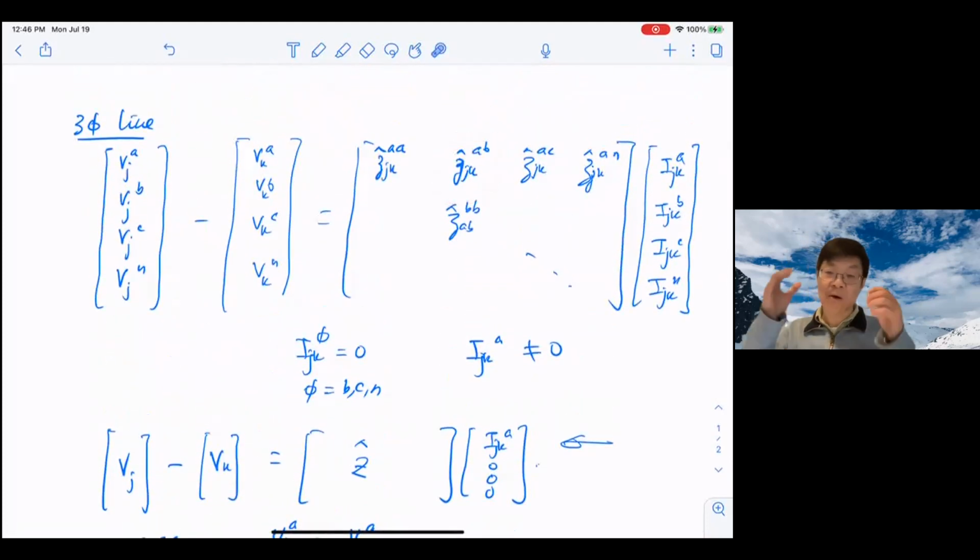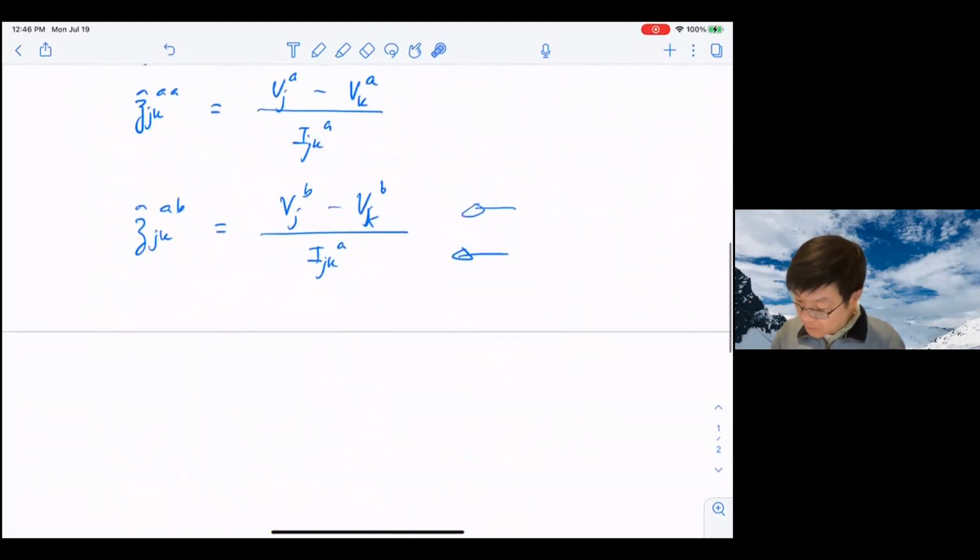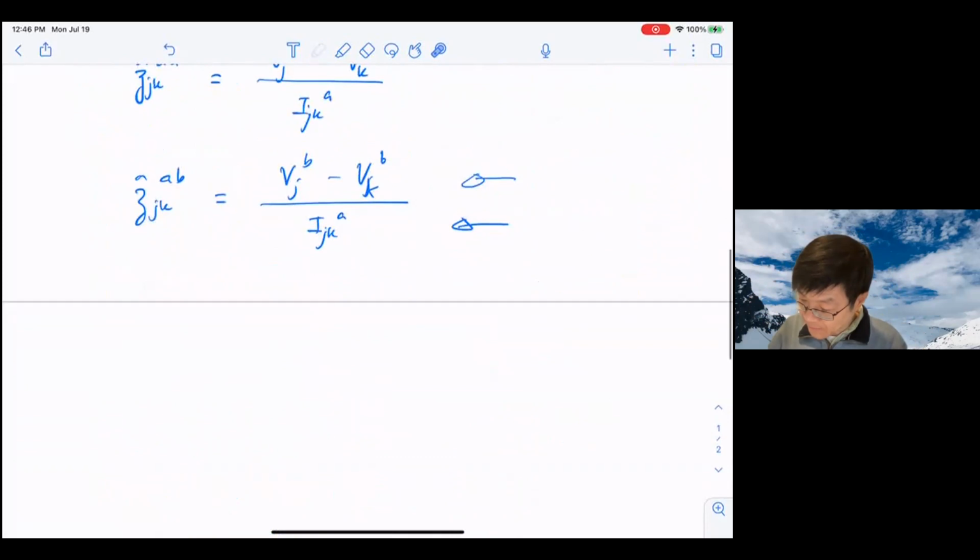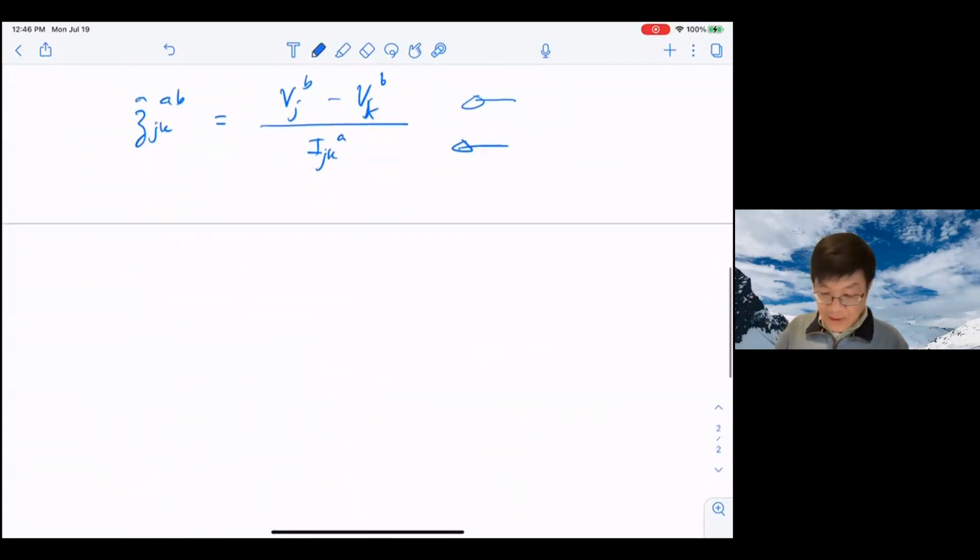And therefore, there's a nice physical interpretation of what each element is: the ratio of the appropriate voltage drops to the appropriate current, that is the result of this electromagnetic interaction across phases. Okay, so that's the interpretation of this series impedance matrix.